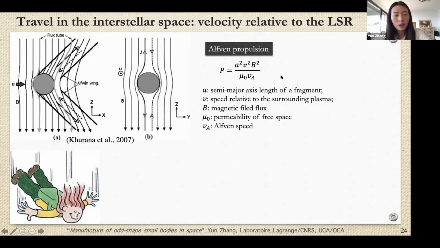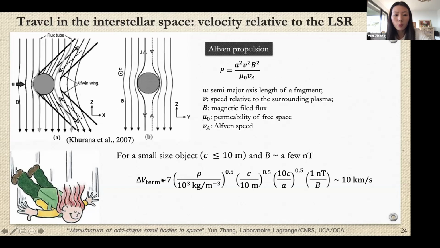Their motion could also be affected by the interstellar magnetic field through electromagnetic propulsion. As Oumuamua moves through this magnetic field, an electric field is induced across it, and this will cause kinetic energy dissipation.